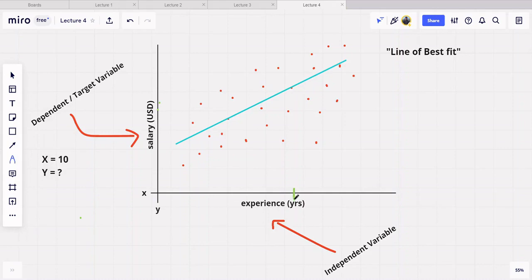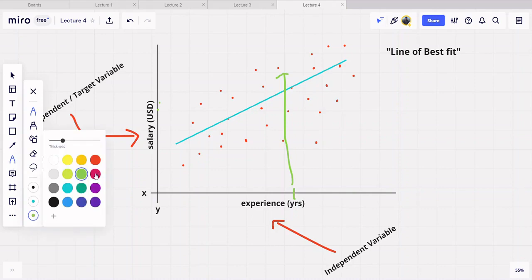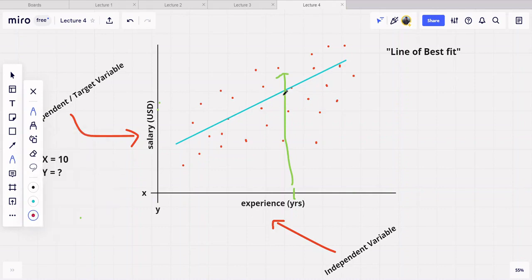So we go vertically and intersect the line of best fit. At whatever point our vertical line intersects the line of best fit, that point is our prediction. Our x is 10, we know that. We created a vertical line that touched the line of best fit.